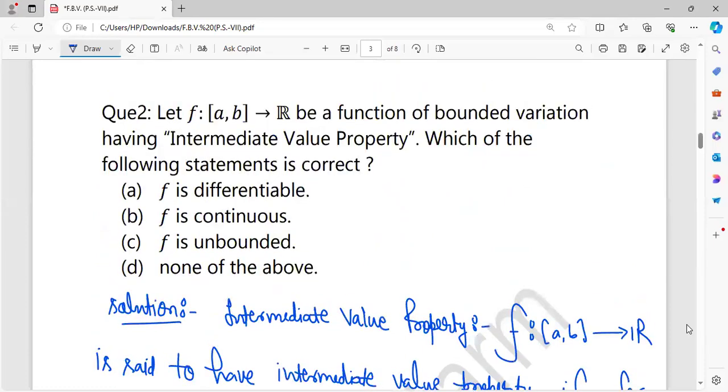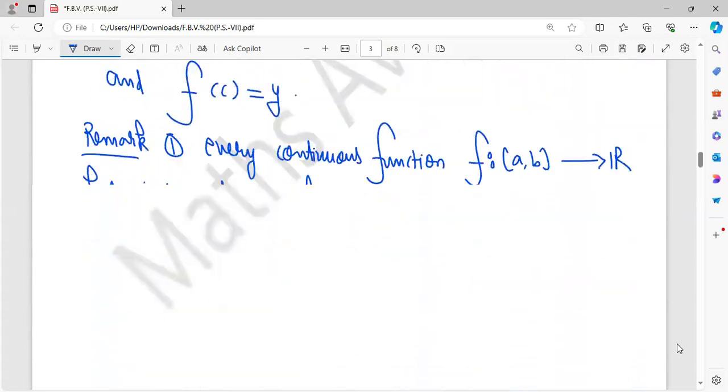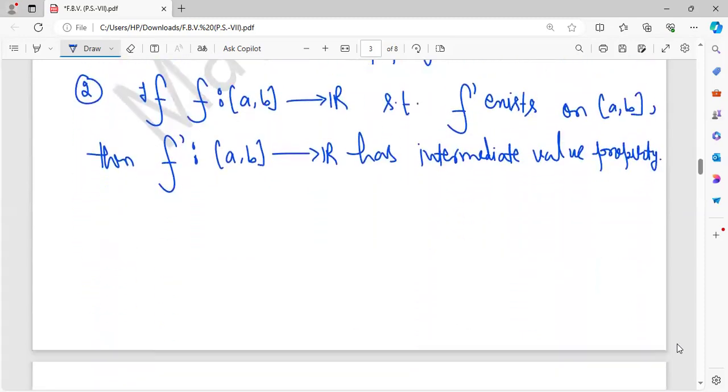Now this question: f is a function of bounded variation having intermediate value property. Which of the following statements is correct? If a function is a function of bounded variation and it has an intermediate value property, then the function becomes continuous. So I am writing it in a remark. This is a standard result. The proof is long, so we are not going to prove this.